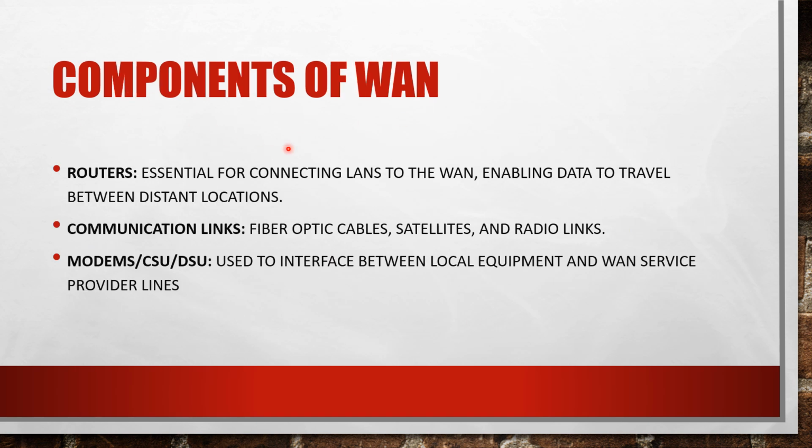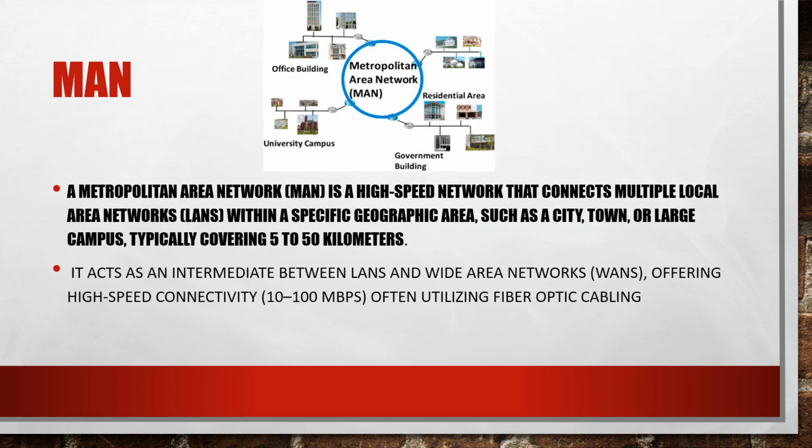So components of WAN include routers, communication links, and modems. If you have a modem, you can establish communication, or if you have communication links through cables, you can make establishments. And if you have a router which connects LAN to WAN, then also you can make establishment using WAN.